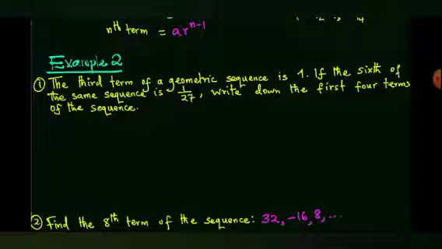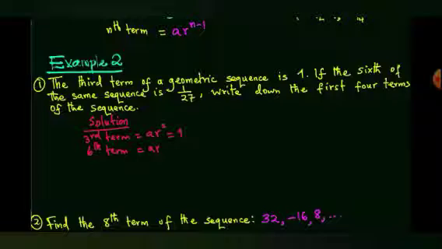So in our solution, we have the third term, which is A R squared, equals 1. And we have the sixth term, which is A R power 5, is 1 over 27.